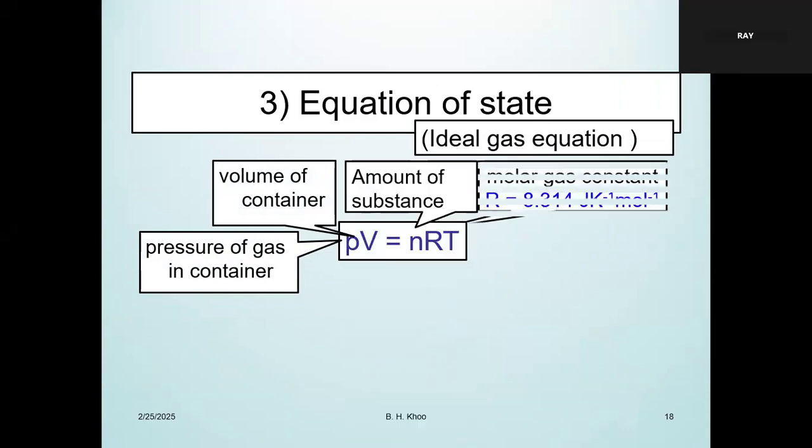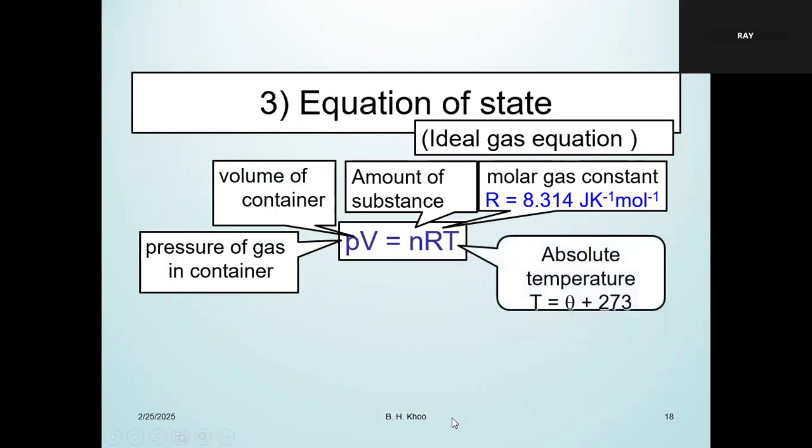Small n is amount of substance in mole. R is molar gas constant, 8.314 joule per Kelvin per mole. This one is given in a data sheet. T is absolute temperature. Usually we don't use 273.15. If you want, you can do that. It's just unnecessary because in this section, unless you are tested under temperature, then you have to use 273.15. If not, usually we use 273, that's all.